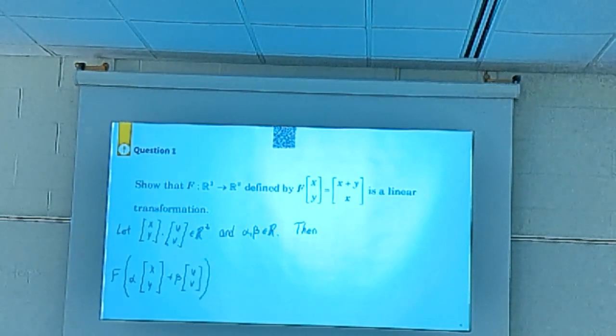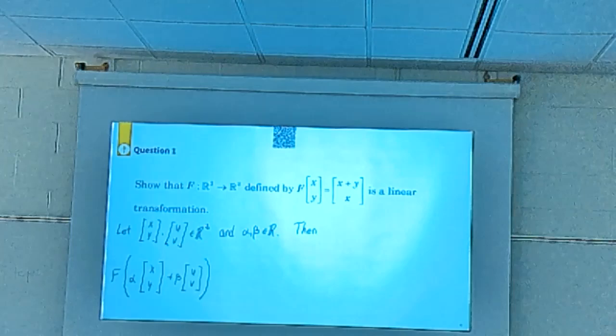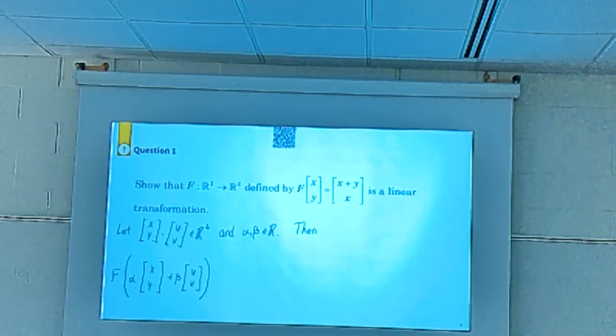What we want to do is show that f of that linear combination is the linear combination, so alpha times f of (x, y) plus beta times f of (u, v).